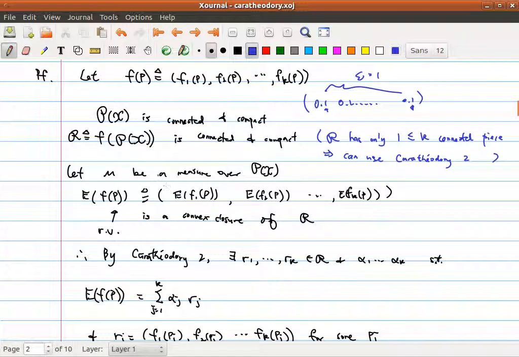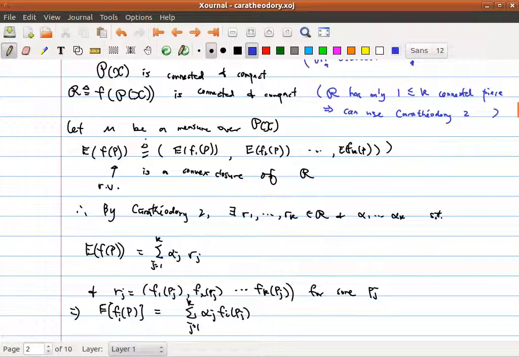Then this k-dimensional point is basically in the convex closure of this set of points f(P_X) here.